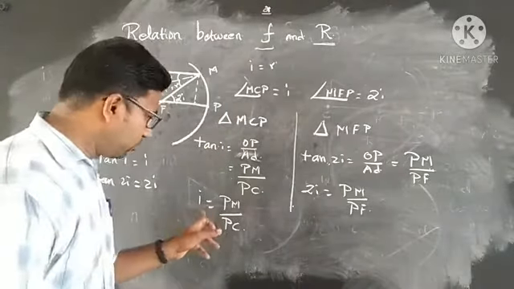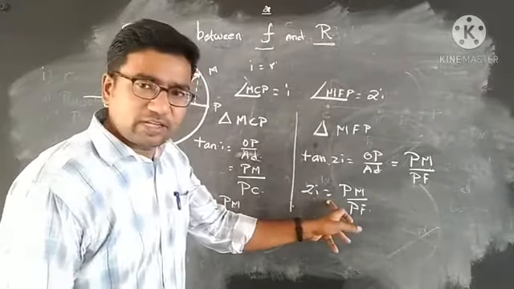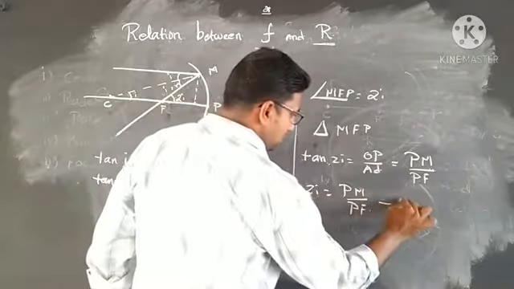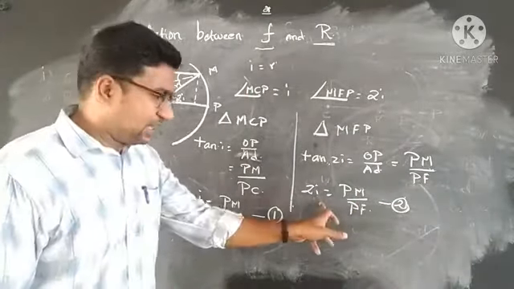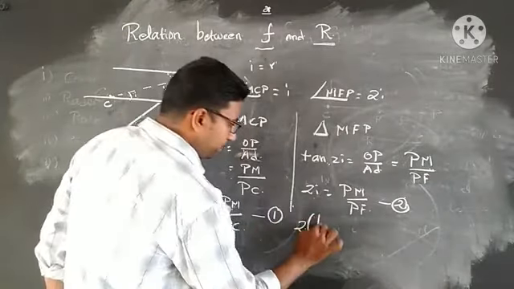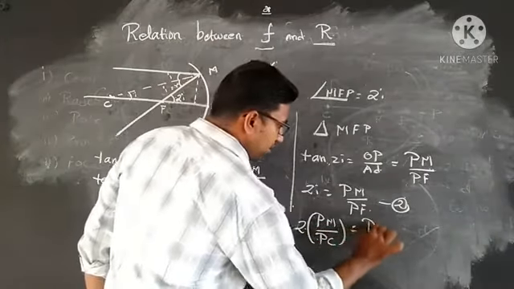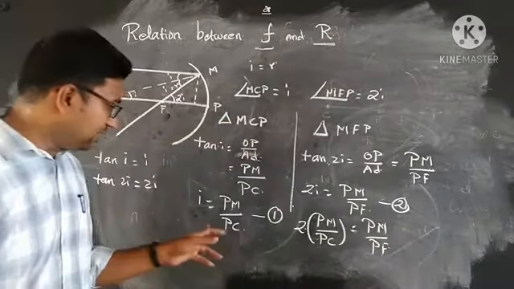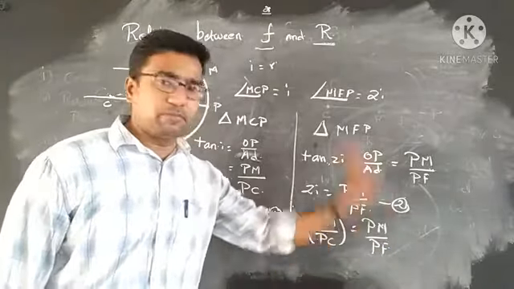Right. Now I am going to substitute the value of the incident angle I in equation number 2. Consider this equation number 1 and this equation number 2. Substitute the value of I in the second equation. So 2 times PM by PC equals PM by PF.